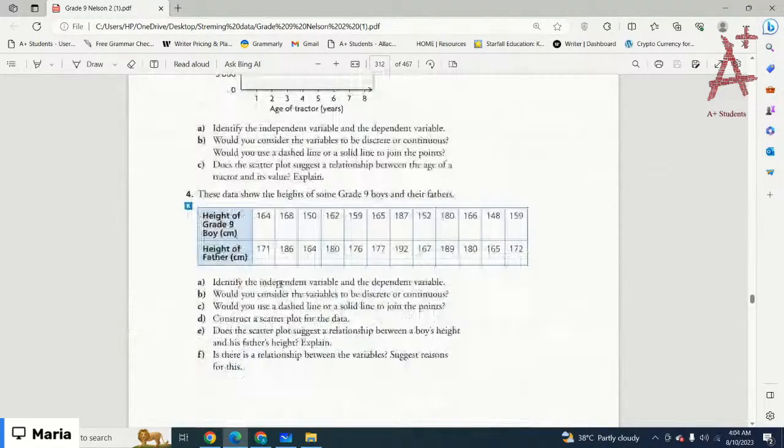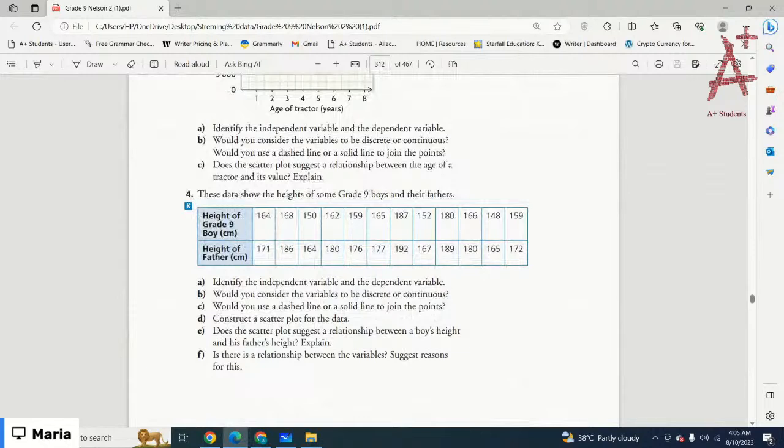You can see as the height of the father changes, the height of the child changes. The height of the child is the dependent variable. Okay, B: would you consider the variables to be discrete or continuous? The variables are discrete, because the values are not continuous, so that means the values are discrete.